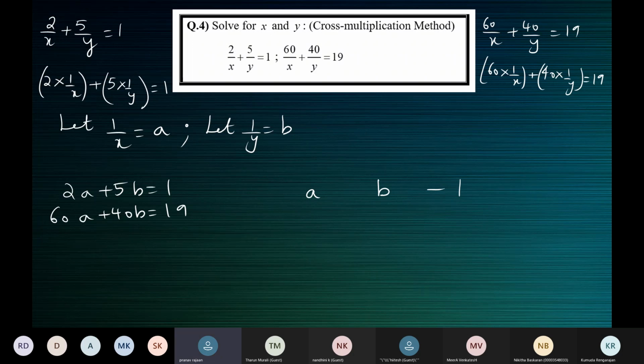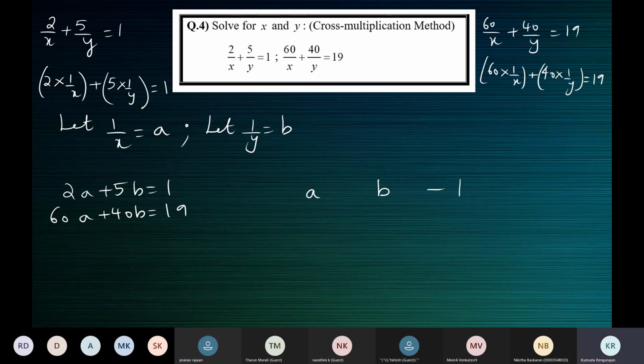Ma'am, here down we must use x divided by the number and minus 1, ma'am. When we cross multiply and put it as a fraction, at that place we must use minus 1 or 1, ma'am?